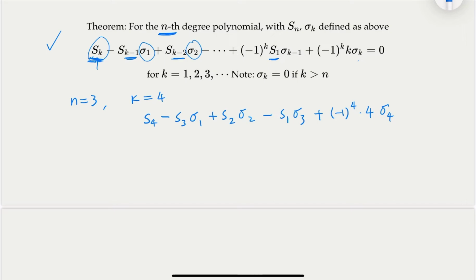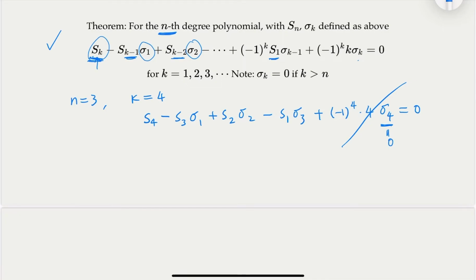But notice that when k equals 4, sigma 4 is equal to 0. So this term goes away, and what I have here is only this part, S4.